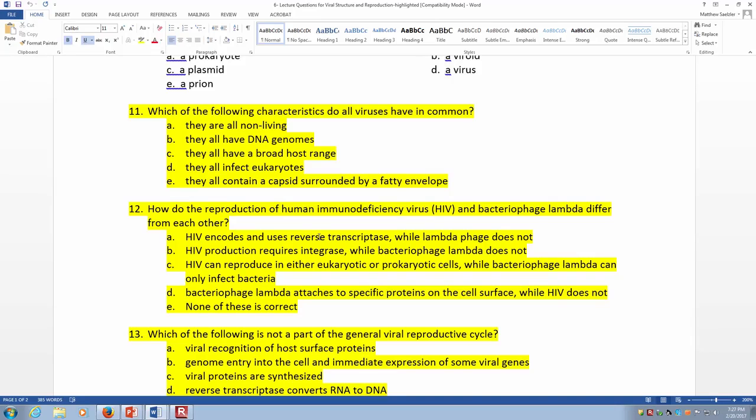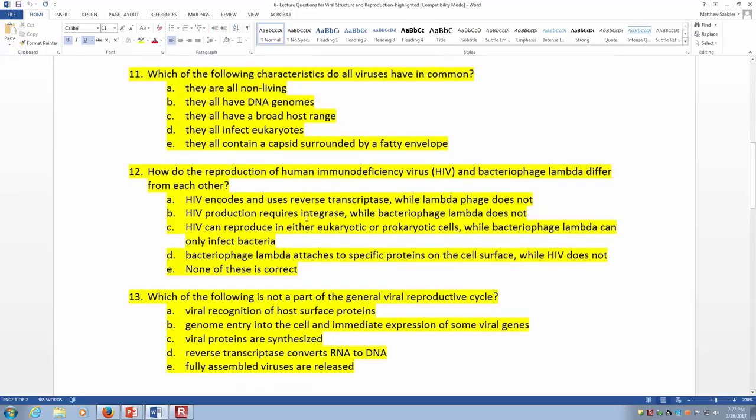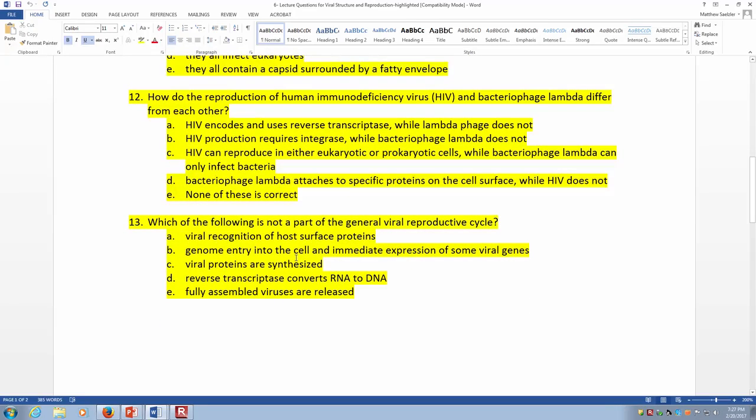Right, yeah. So it takes the single-stranded RNA molecule and makes a double-stranded DNA molecule out of it. Okay, and then number 13, which of the following is not part of the general viral reproductive cycle?